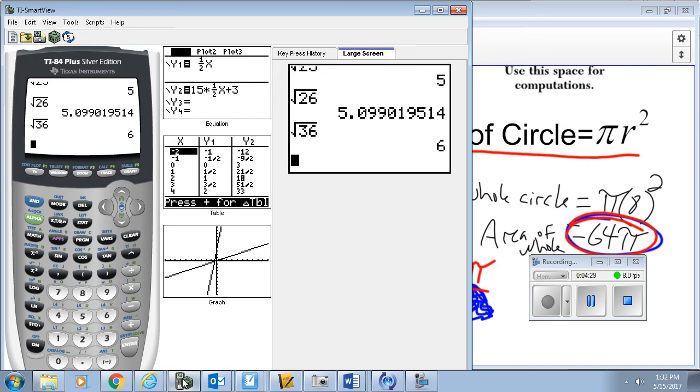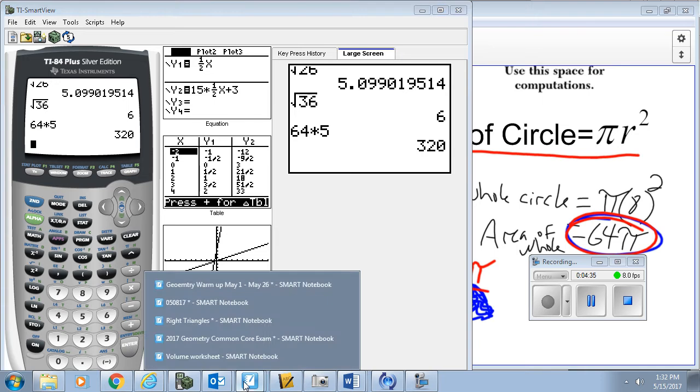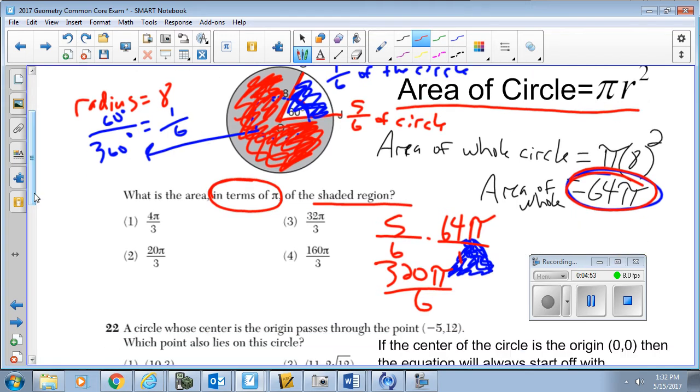So let me get my calculator here. I'm going to do 64 times 5. Okay, so that's 320. So now what we have is 320 pi over 6. Well, obviously I don't see that answer. So maybe we can reduce that. So reduce 320 over 6.